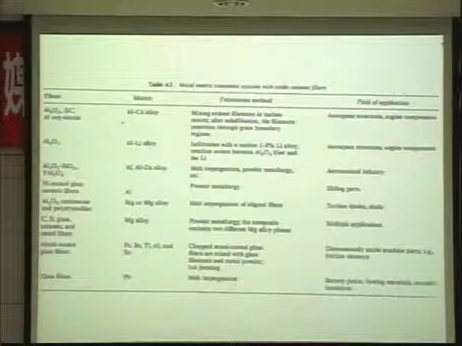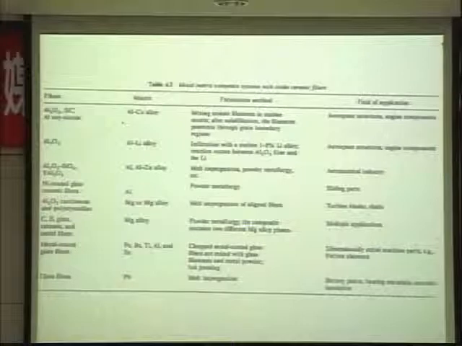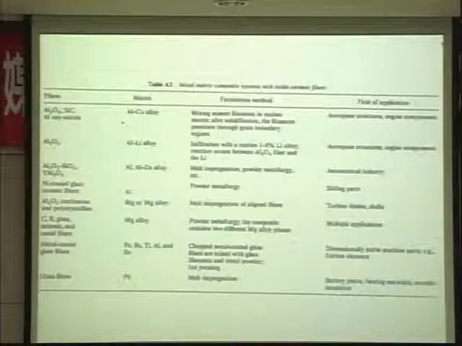Okay, so that's what I listed out in here. This whole table contains various different types of fiber, and we are going to talk about how those fibers are made for people to use in industry.